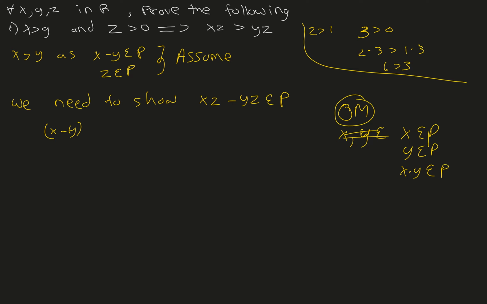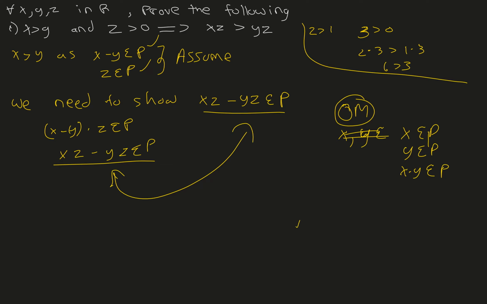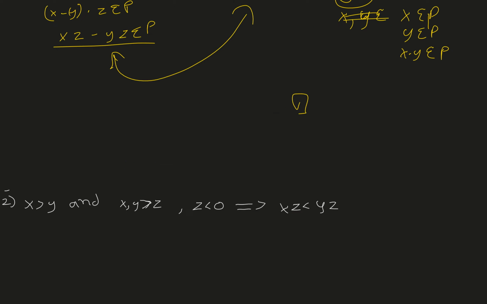So since x minus y is in P and z is in P, x minus y dot z is also in P. So by distributivity, which was the ninth field axiom, this can be written as xz minus yz also being in P, and this is what we needed to show. The proof is done.